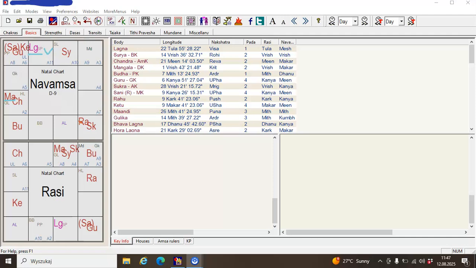So count from the Rashi to its Lord in direct order in case of odd signs. Mesha is an odd sign, so we'll count in direct order up to its Lord. Counting up to Mangala gives us 10, and there is no deduction here as in Chara Dasha. So the first Mahadasha of Mesha will consist of 10 years.